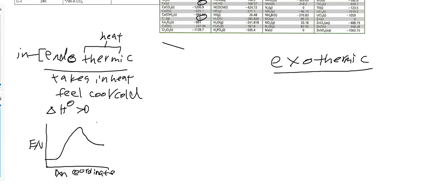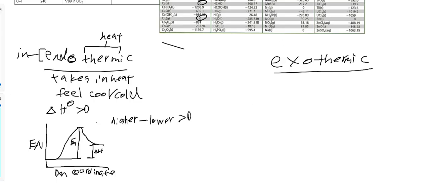So this is the total activation energy. And this, for the purposes of AP Chem, will be delta H. So our delta H is taking a higher value and subtracting a lower value from it, which is always going to be greater than 0.